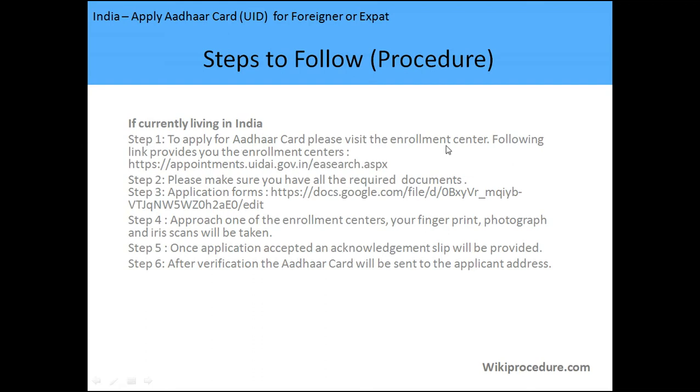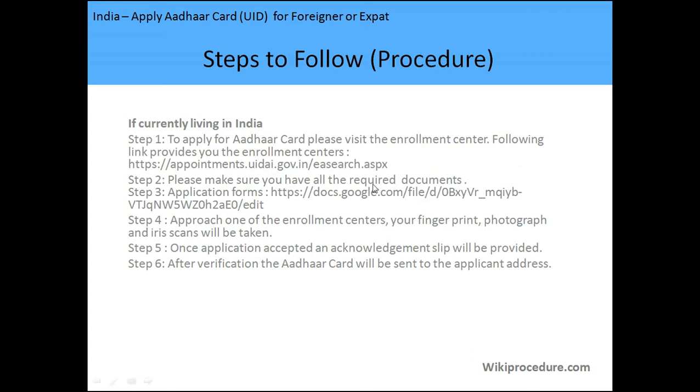If you're currently living in India, then it's always good to approach one of the enrollment centers, also called the Aadhaar card enrollment centers. You could get the list of enrollment centers in your area from this following link. I will take you to this link and show you how to find the nearest office locations.